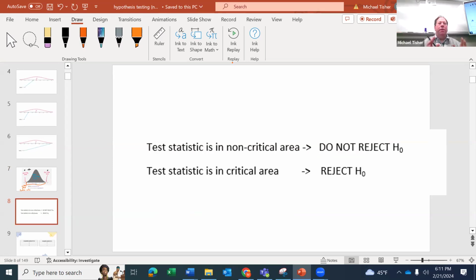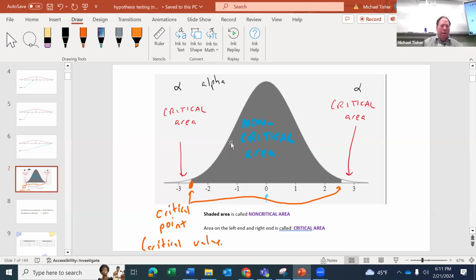Okay, so here's what we've adopted. The test statistic is some number based on the sample. If that test statistic is in a non-critical area, then we do not reject the H0. In other words, the H0 still may be true.